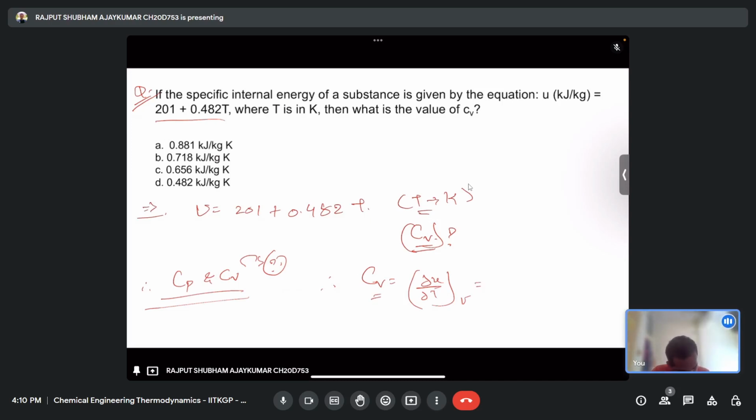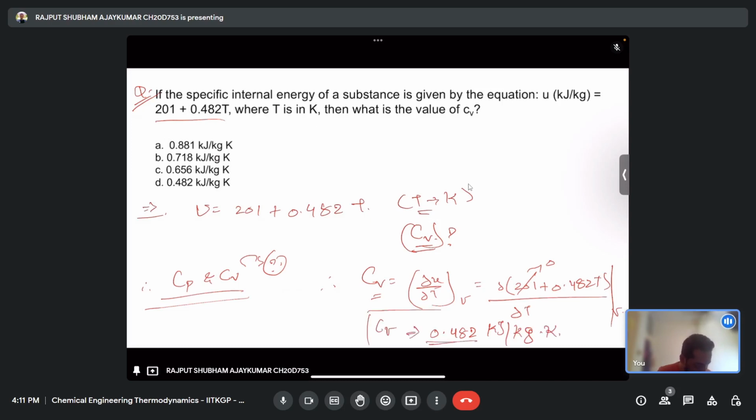Okay, so we'll differentiate 201 plus 0.482 T with respect to T at constant volume. What will happen? This is a constant term, so it turns out to be 0, and T differentiated with respect to T gives 1, so it turns out to be 0.482, and the unit is kilojoule per kg Kelvin.